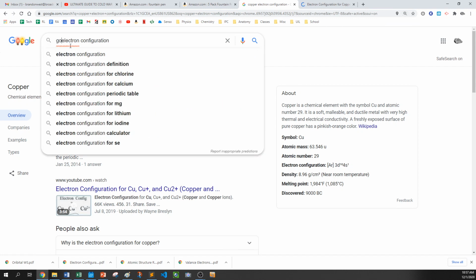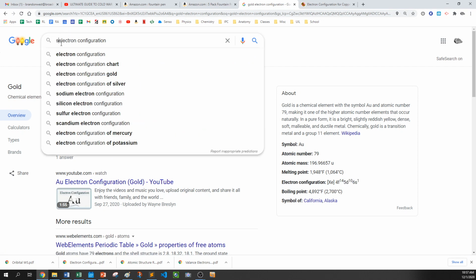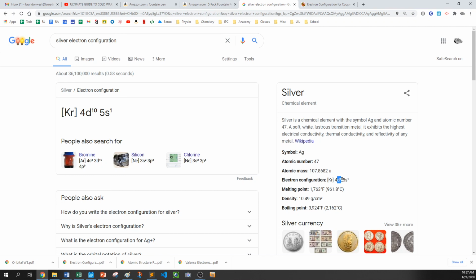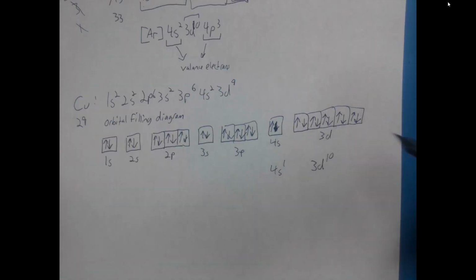Let's look up gold. Is gold an exception? Gold is also an exception. The d is filled before the s. Silver is an exception, I believe. Yes. So if d is at 9, it's more likely to try to fill this because it's so close to being full. But you guys can ignore this exception and just write it according to Aufbau's rule.